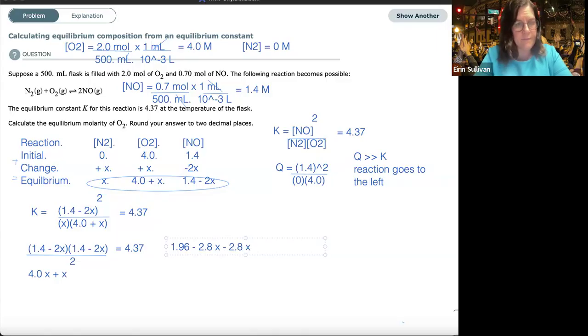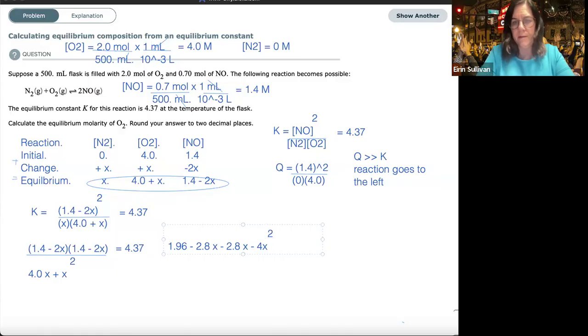And then minus 2x times minus 2x is going to be minus 4x squared. And then that divided by what we already got on the bottom equals 4.37.